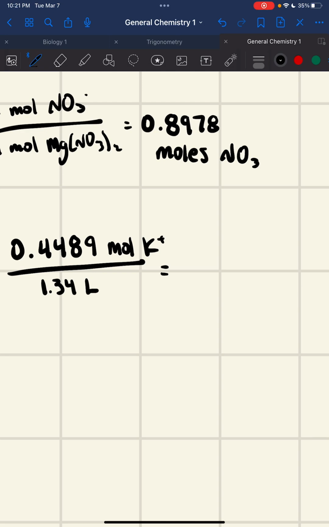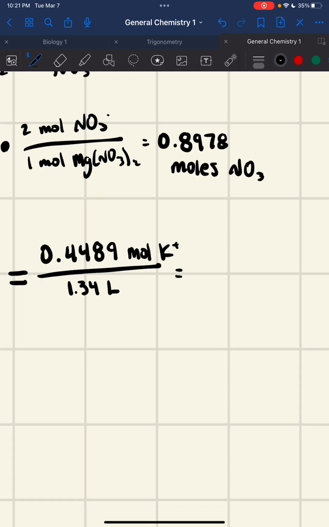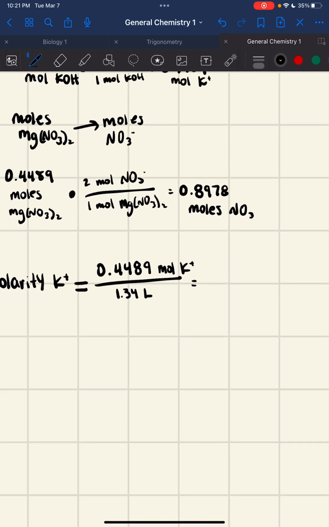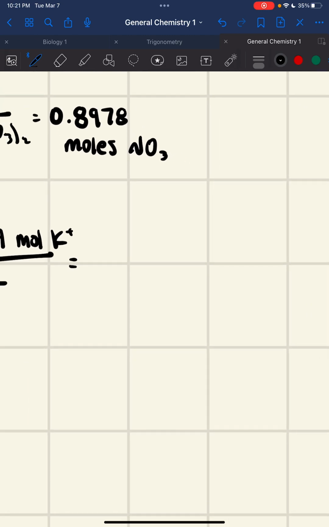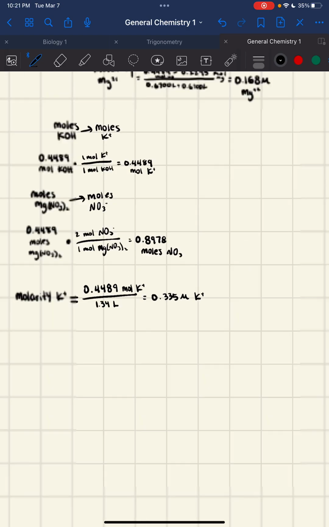And then from there, moles over liter equals molarity. So from there, we're going to be 0.4489 divided by 1.34. It's going to give you 0.335 M of K plus.